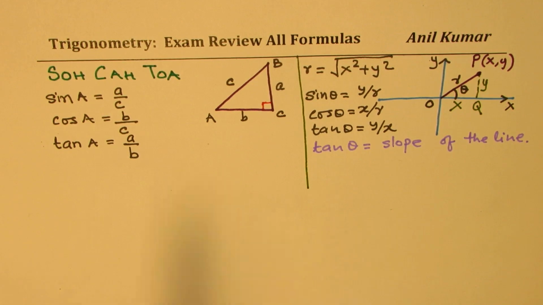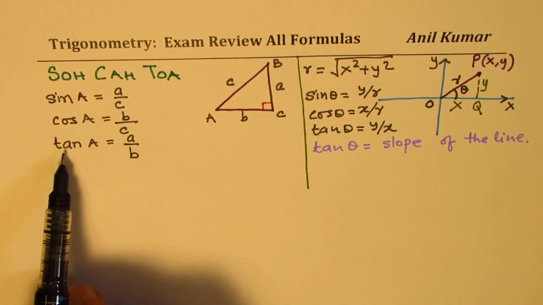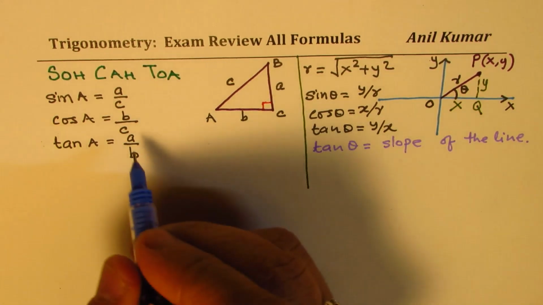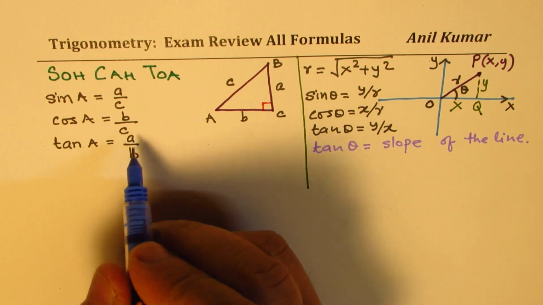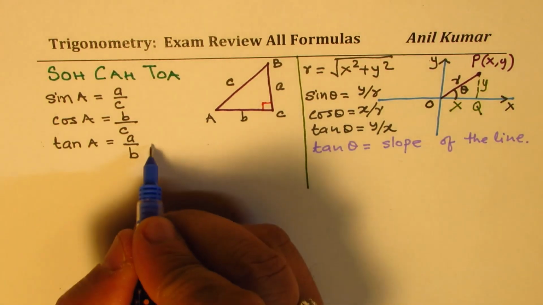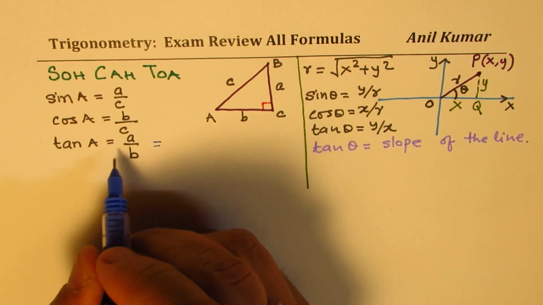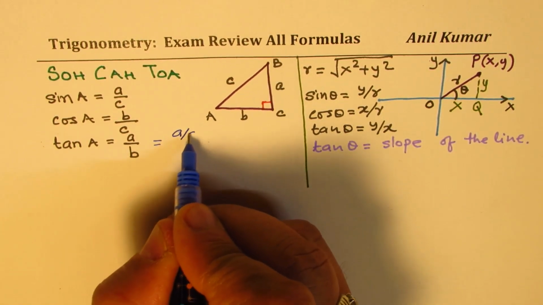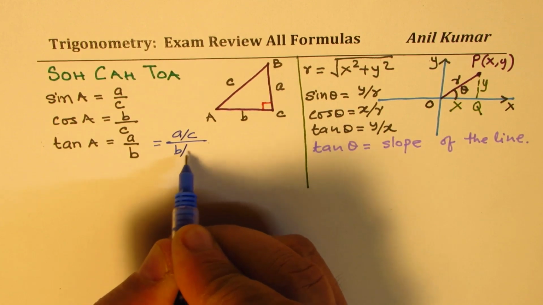Now from these relations, we can easily see that tan A, which is a over b, could also be written differently. If I divide both by c, the hypotenuse, it becomes a over c over b over c.